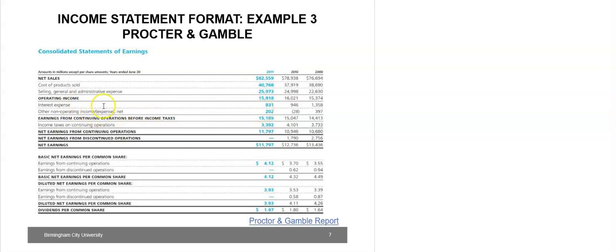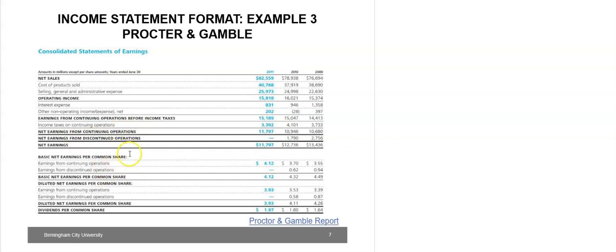This is why we were considering that operating income should not be equated with EBIT all the time, because there are other items in addition to interest expenses as well as taxes that may be adjusted in operating income. In addition, we see that the company has presented its earnings from continuing operations as well as the net earnings from discontinued operations.